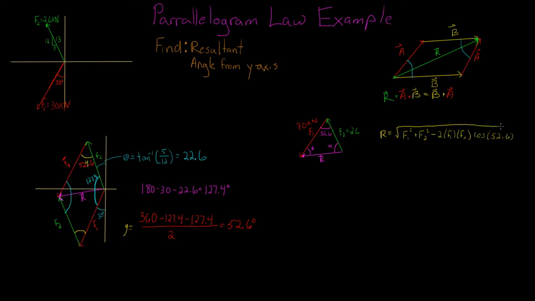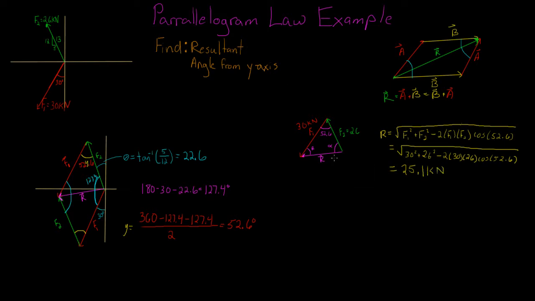And the square root is over this whole thing. If we put in our numbers, this is the square root of 30 squared plus 26 squared minus 2 times 30 times 26 times the cosine of 52.6. And we get a length of 25.1 kilonewtons. So this is the length of the resultant.